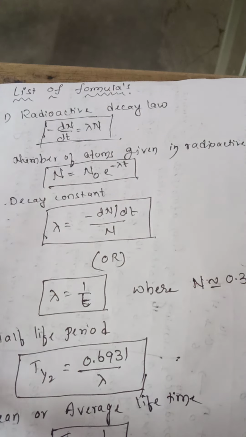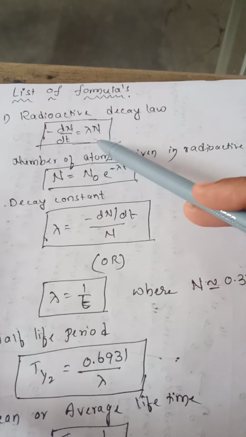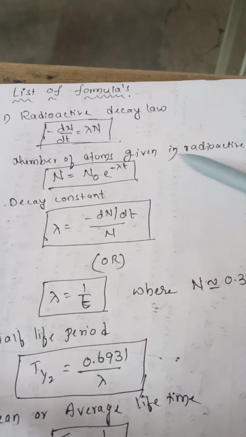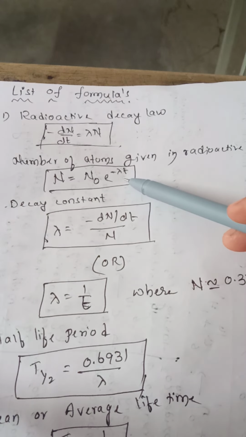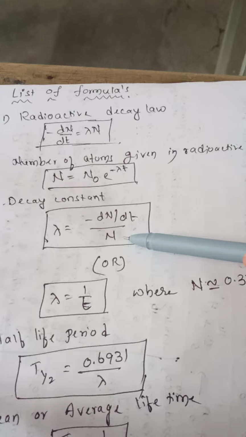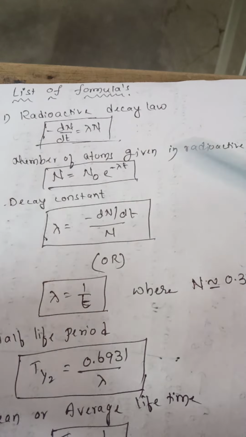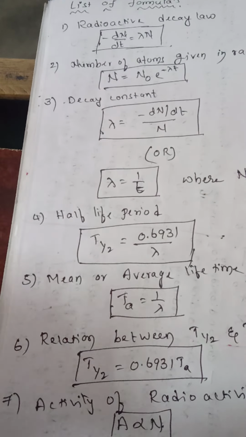Now, in today's topic, whatever we read, I sorted out. We read about the radioactive decay law: minus dN by dt equals lambda N. The number of atoms in a radioactive substance, N equals N naught e to the power of minus lambda t. Decay constant lambda equals minus dN by dt divided by N. Next, half-life T half equals 0.693 by lambda.